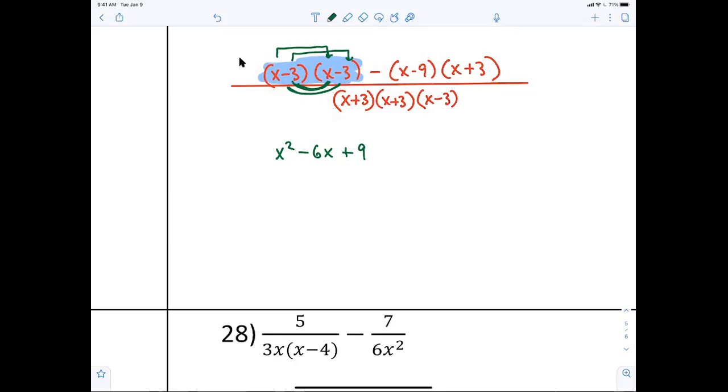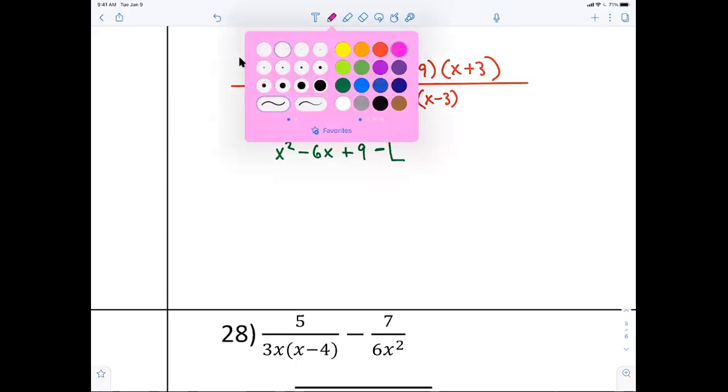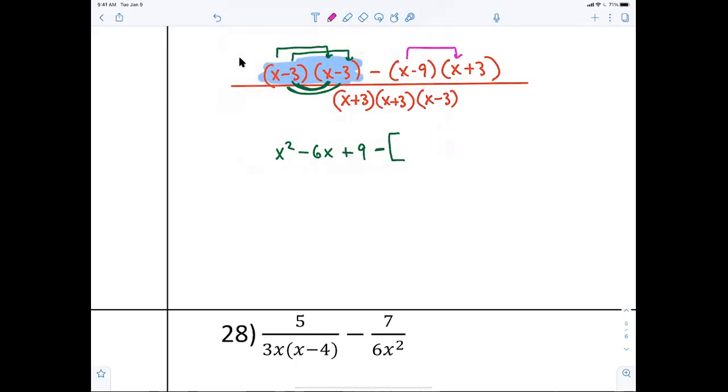Now, I'm going to put a minus and then a bracket because I don't want to forget to distribute the negative. So now we're going to multiply again. x times x, x squared. Smiley face, how much is this? -9, how much is this? -9 plus 3, -6x. And then -9 times 3, -27. Everybody make sure you have that.